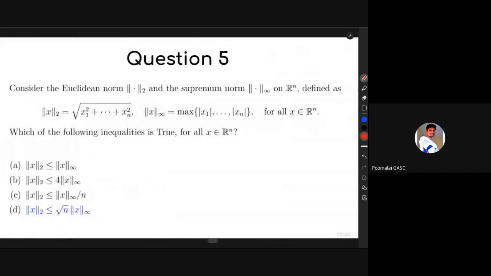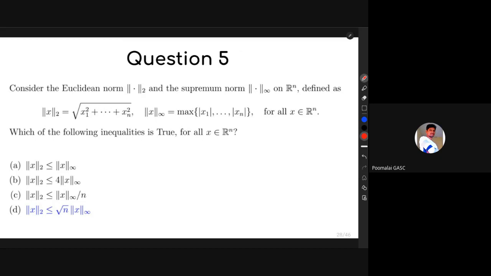Now we are going to discuss metric spaces. I assume all of you have seen the lectures on metric space theory. I will be discussing this question, which involves the Euclidean metric and the supremum norm.